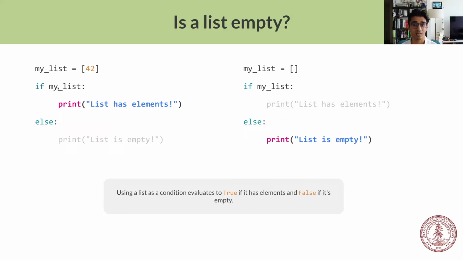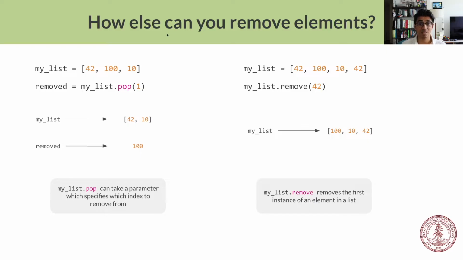If it has elements, my list is considered true. If it doesn't have elements, my list is considered false. And so in this case, since there are elements, we print list has elements, and otherwise we print that the list is empty.